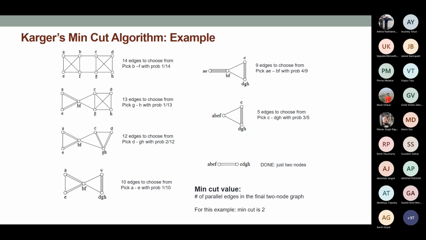Sir, in this question, for the end condition, do we have to check both conditions: that the two nodes have to be there as super nodes, and the min cut value has to be there? If we had multiple edges connected, then we would not have a specific min cut value.